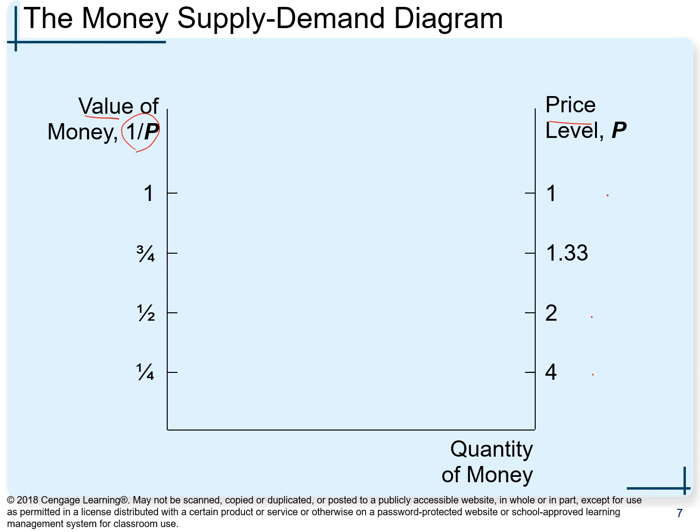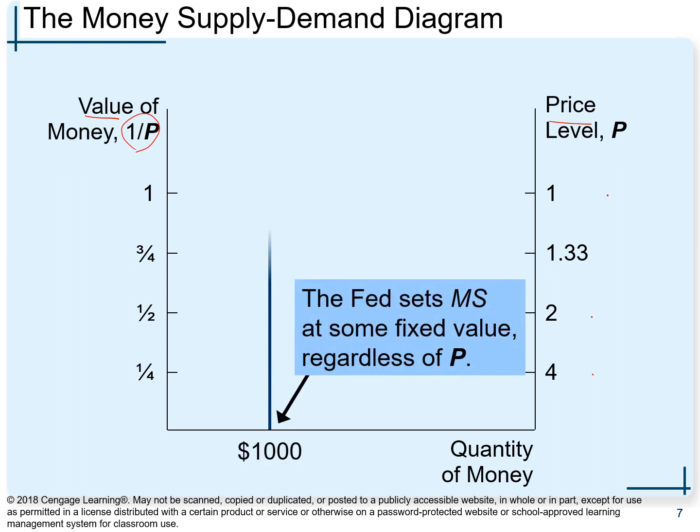So that's the diagram. And money supply is set by the Federal Reserve at a certain point. That amount is determined. It's not determined by the market. We assume that whatever the price is.